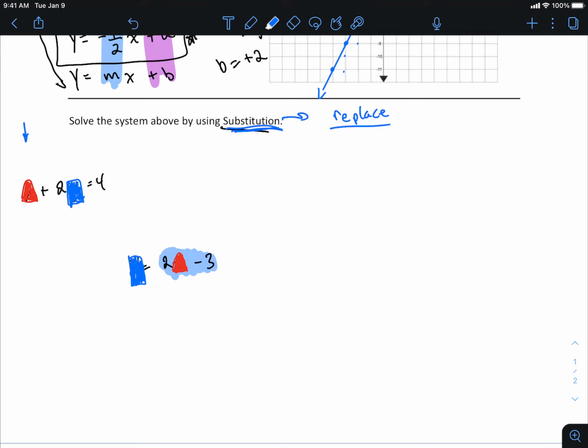And so I'm just going to put this back, okay? And I'm going to take this equation now, and I'm going to rewrite it without this blue square here, because I'm going to replace it or substitute it with what I found it equal to, right?